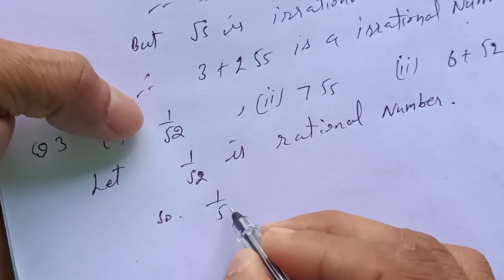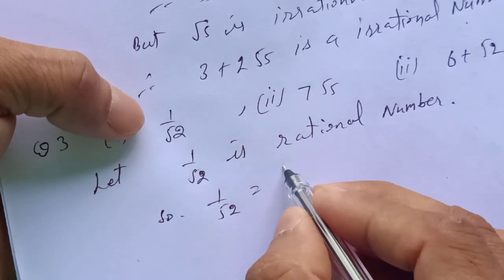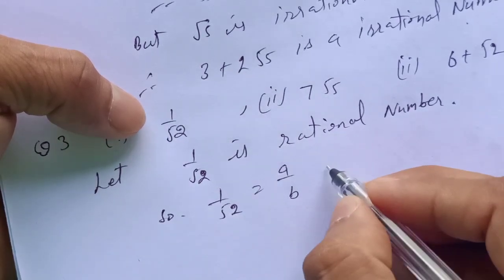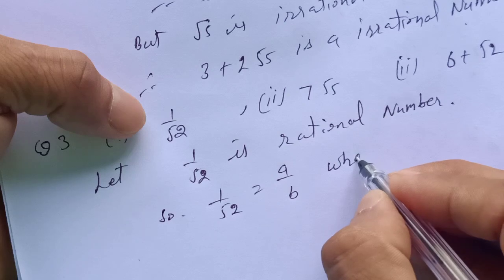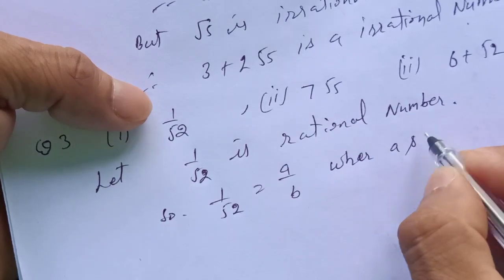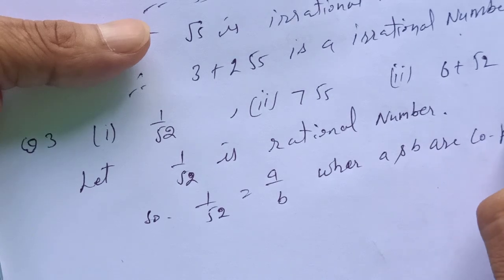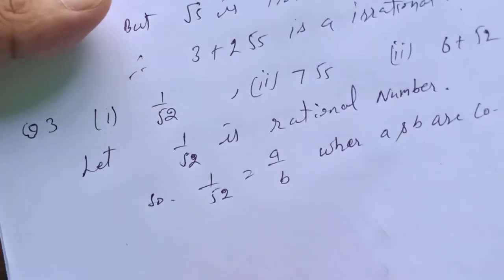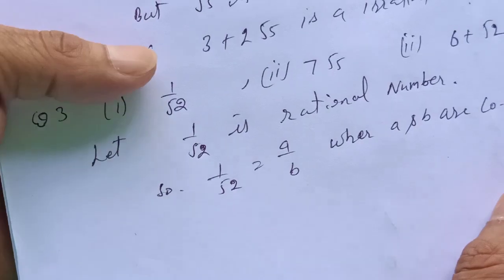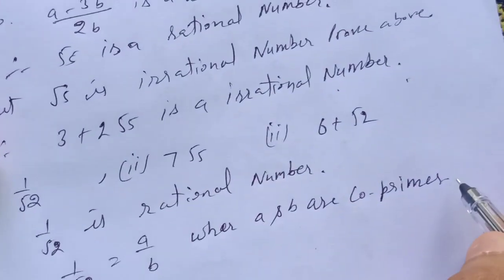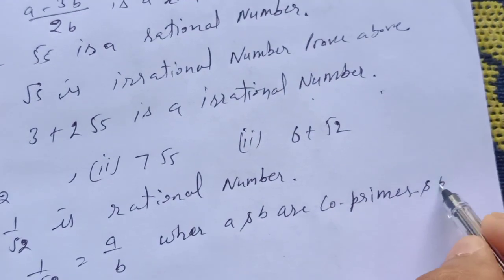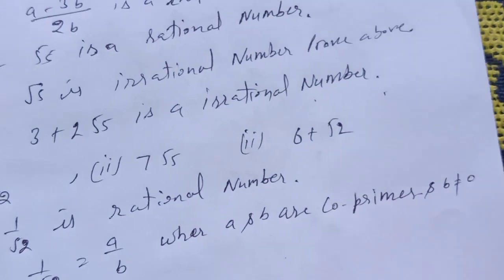So 1 by root 2 equal to a by b, where a and b are co-primes and b is not equal to 0.